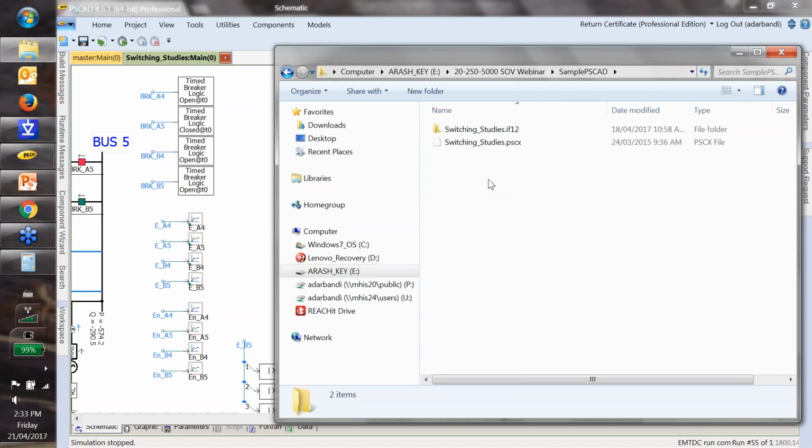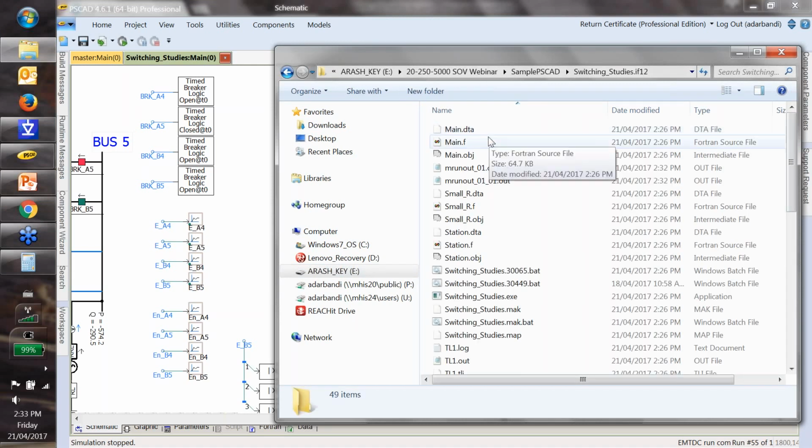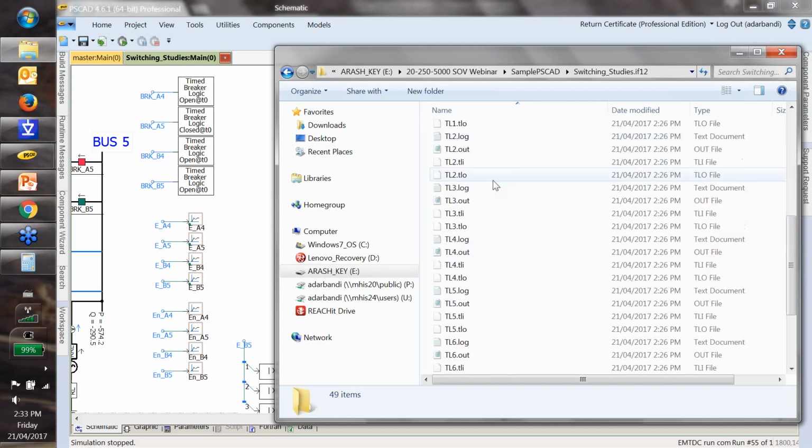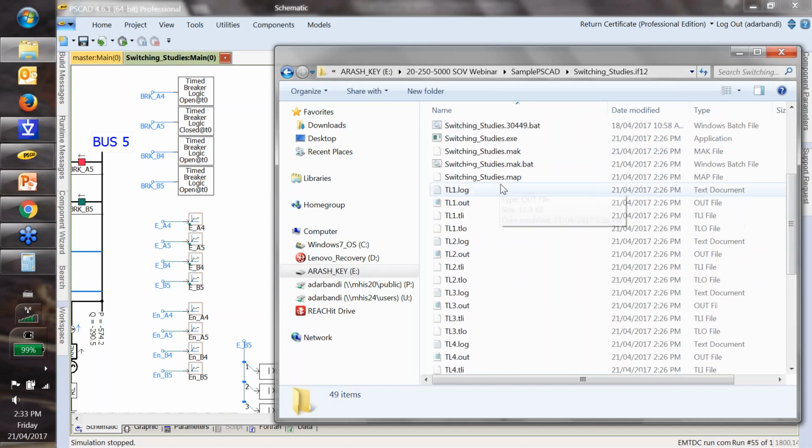So when you run a case, it will generate a folder. Depends on the compiler you're using, it's either GFortran 42 or Intel Fortran 12 or a higher version. If you go inside that folder, there's an output file recorded.